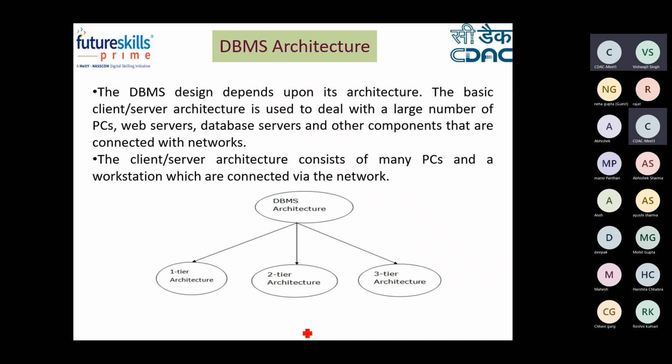DBMS architecture can be defined into three types: first tier architecture, second tier architecture, and third tier architecture. All three tier architectures have different advantages, different features in real time, and different techniques they use to provide service to concurrent users in a real-time environment.